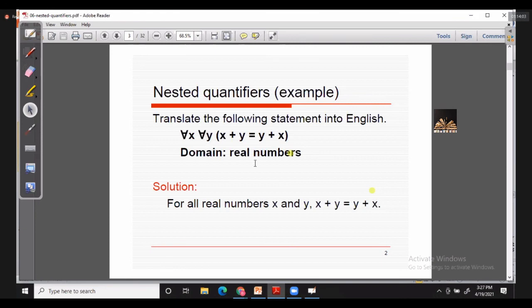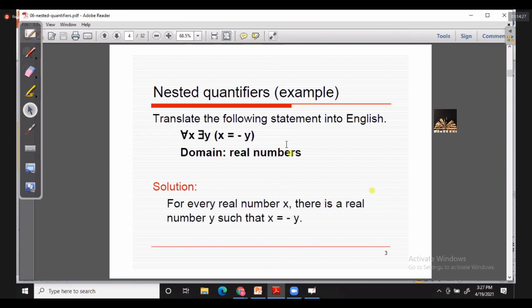For all values of x and all values of y, x plus y is equal to y plus x. Is it true or false? True. So for all real numbers x and y, x plus y is equal to y plus x.